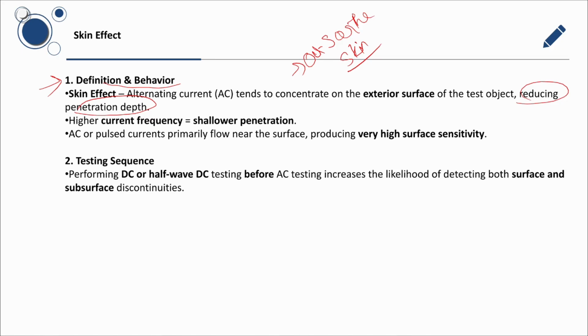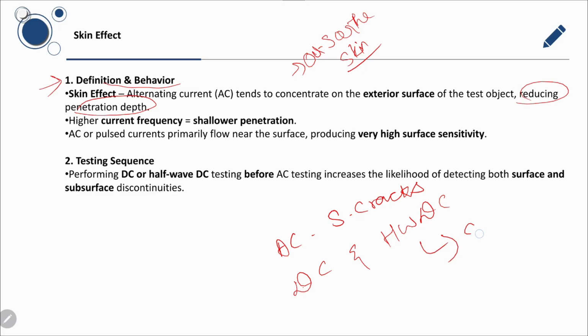AC is best for surface cracks because the current stays on the surface, and DC or half wave DC is better for subsurface defects because it penetrates very deep. So it is very important.